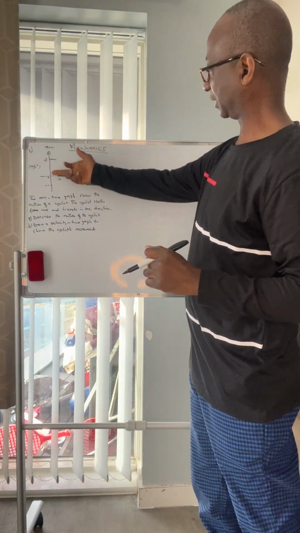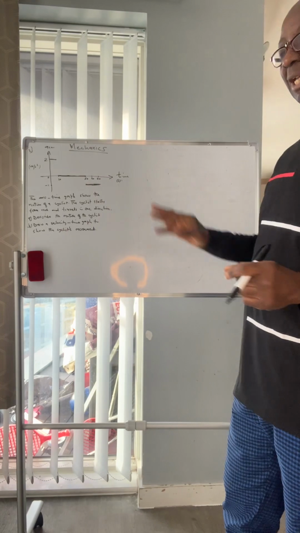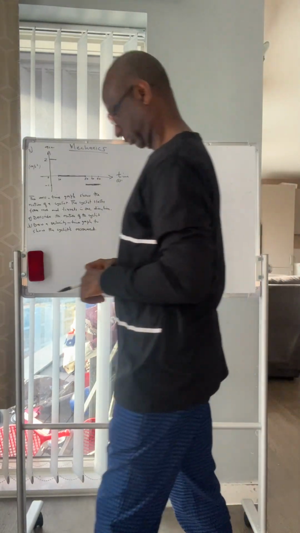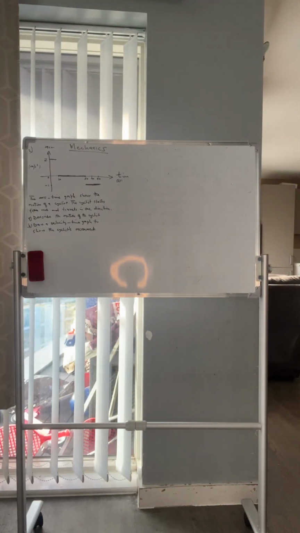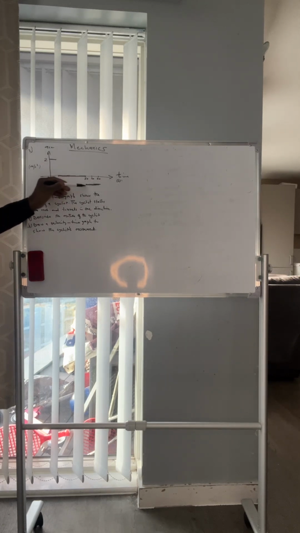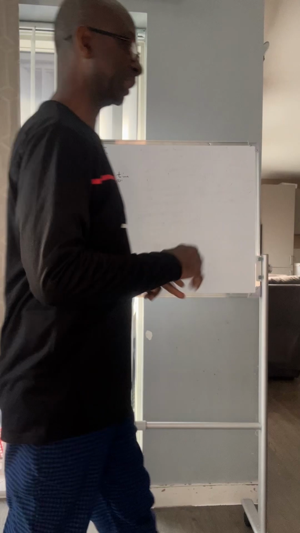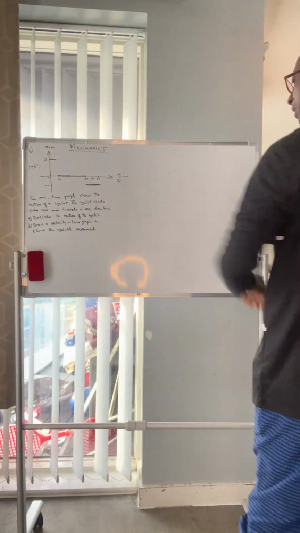Because this is positive from 0 to 2, that shows acceleration. The cyclist was accelerating. And because this line here is on the negative side of the y-axis, it shows deceleration. It's reducing the speed. Here he was increasing his speed.